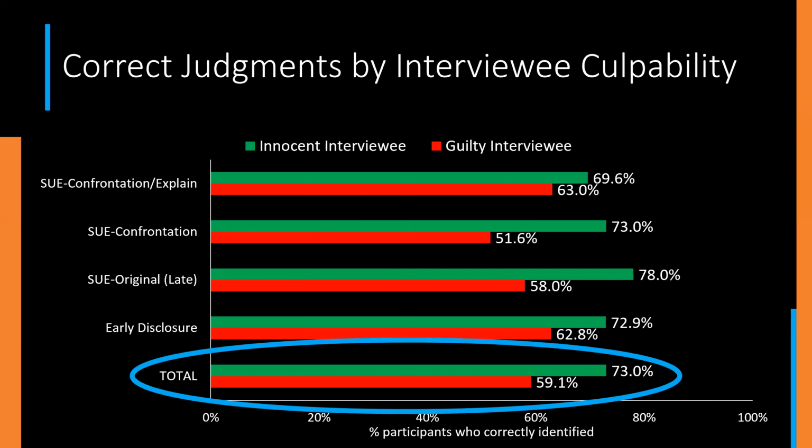However, when we collapse across evidence presentation conditions, we did find that the proportion of participants who correctly identified innocent interviewees exceeded the proportion who correctly identified a guilty interviewee. So overall, participants in our sample were better at correctly classifying an innocent interviewee than a guilty interviewee.